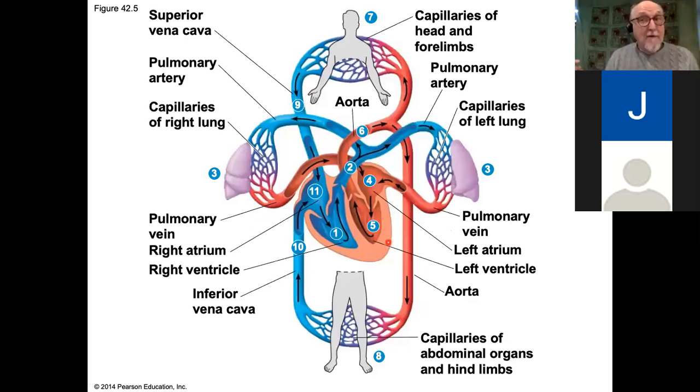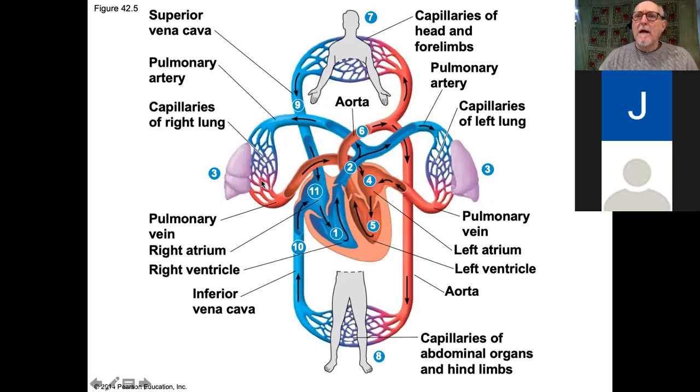We're going to follow the path of the blood through the heart and then through the circulatory system, just to see how it goes. Here's the right ventricle. Here, deoxygenated blood needs now to dump its carbon dioxide and pick up oxygen, and so it is driven by the right ventricle out through the pulmonary arteries to the lungs.